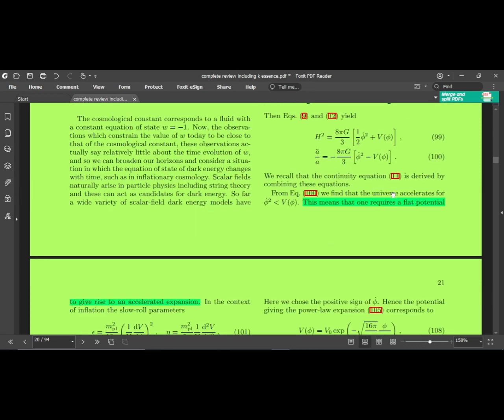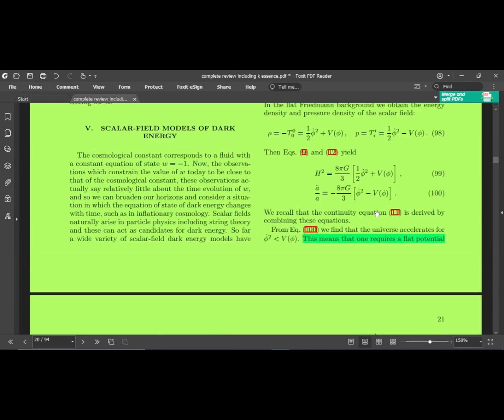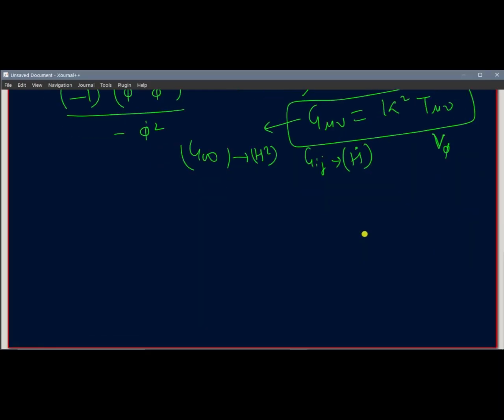Now we can easily find the equation of state and all these things, but how do you understand what it will give? In order to understand the field, we first need to understand how inflation occurred. We have already told you that inflation is due to some kind of scalar field, and there is a minimum in the potential of the field.